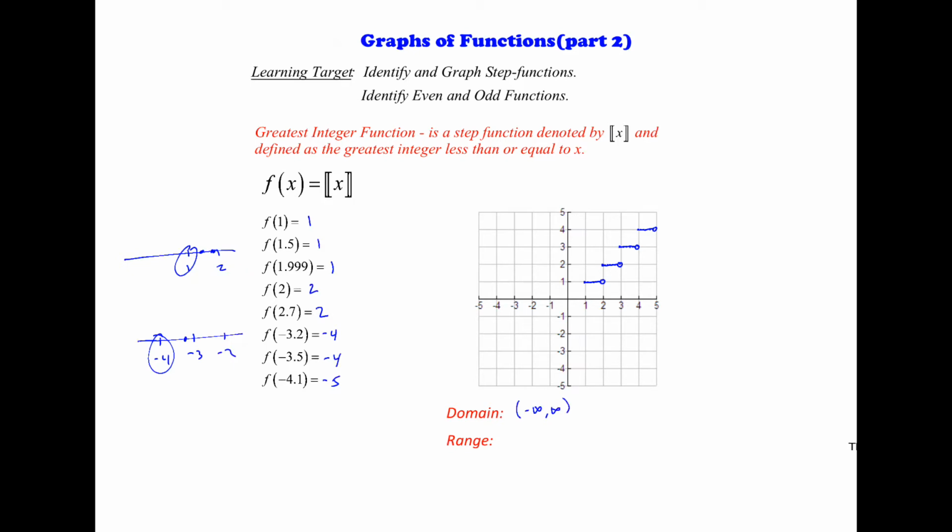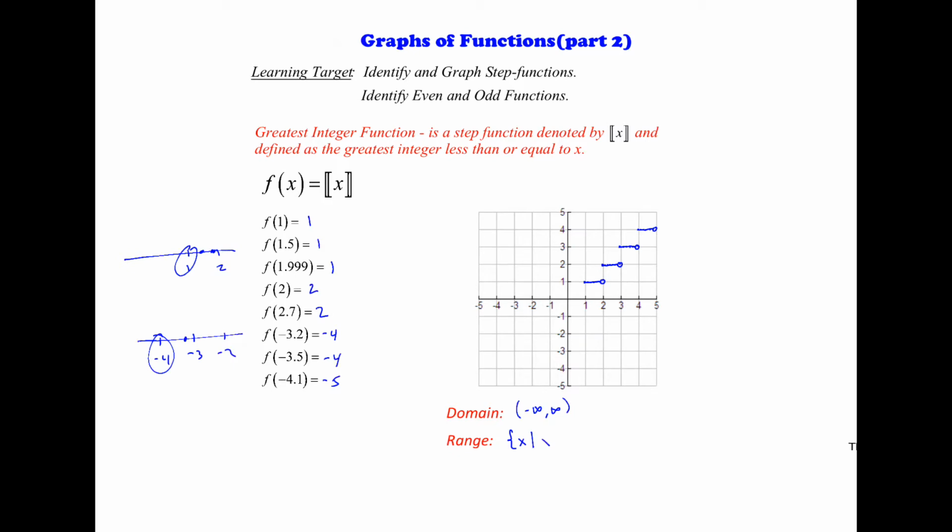Your range is a little different here. Your range is only going to be an integer. So we can't really just list those numbers out because they go on forever, and you can't use interval notation. So we're going to use set notation on this one, and we're going to say x such that, so all values of x such that, and then we're going to explain. We only want integers.